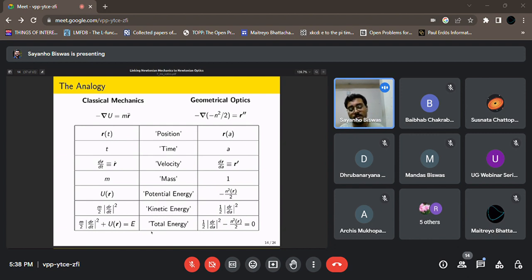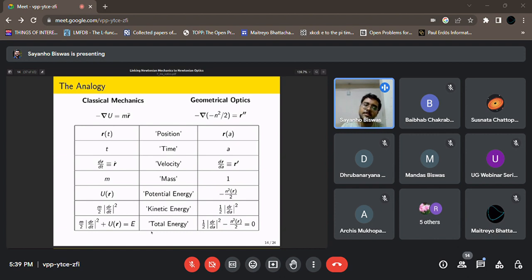A very important aspect is that you cannot vary the mass in geometrical optics. That means it restricts your optomechanics, as one would like to call it, in several ways. Potential energy in classical mechanics is U, and in geometrical optics, as you can see, the quantity I'm calling analogous to potential energy is minus n squared by 2. n is a function of position, a spatially dependent refractive index.